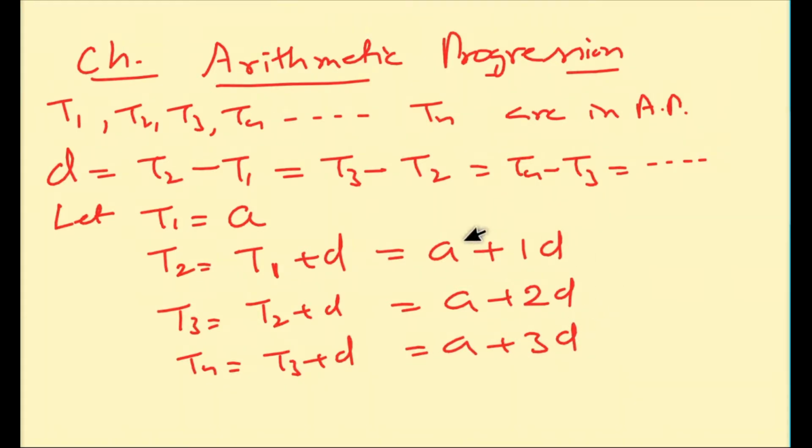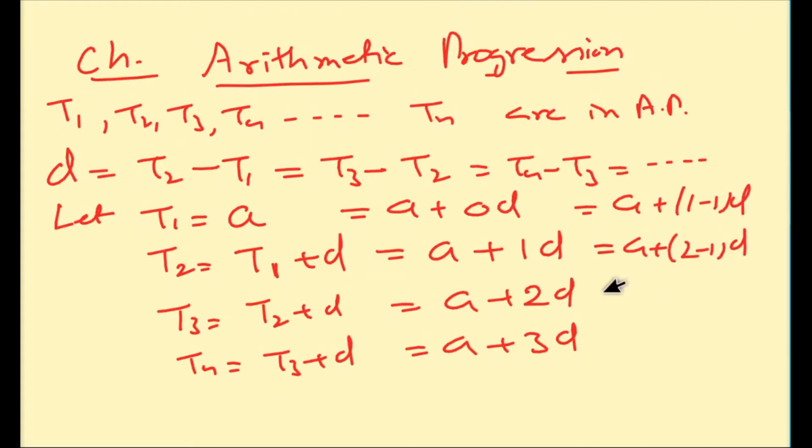Now, student, we can write the first term as A plus 0D, then A plus 1 minus 1 D, then A plus 2 minus 1 D, then A plus 3 minus 1 D, and A plus 4 minus 1 D. If we want the fourth term, it is 4 minus 1 D. So tell me, if here is 100, what should be here? 100 minus 1, isn't it?